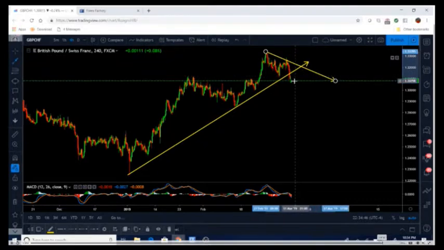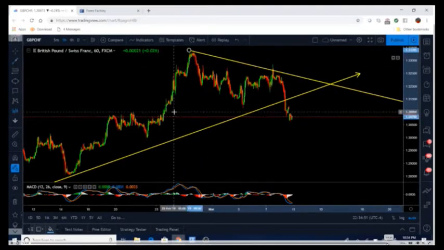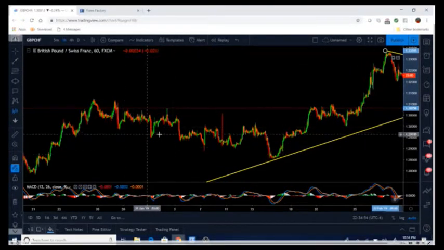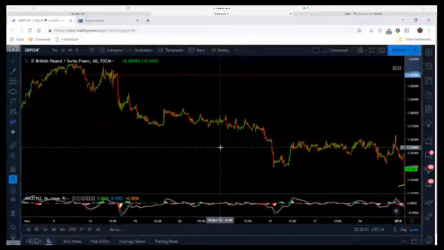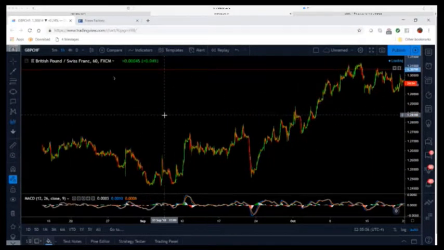All you have to do is wait for that flag. Bearish flag, and then you're good to go. Let me get a nice bearish flag pattern so you guys know what to look out for, and then you're good to go.